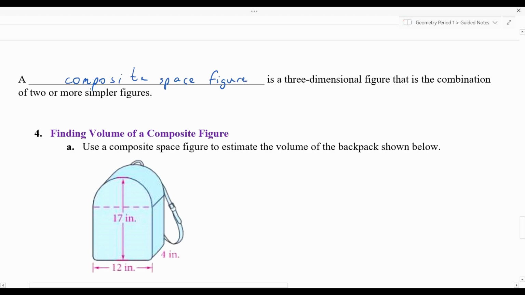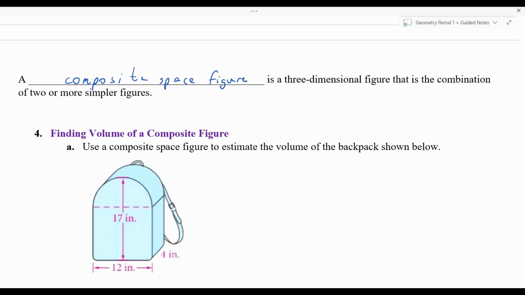It's a three-dimensional figure that is the combination of 2 or more simpler figures. We're going to take a look at our first example here, which states finding volume of a composite figure. Use a composite space figure to estimate the volume of the backpack shown here below.